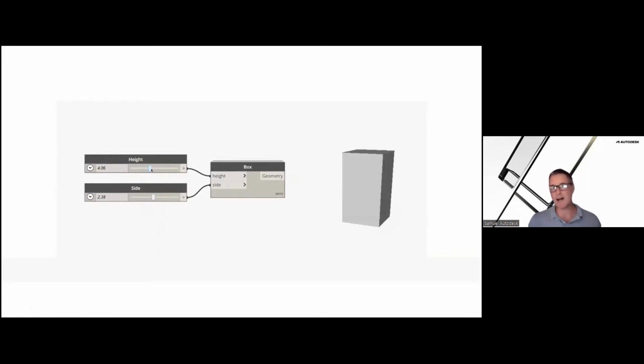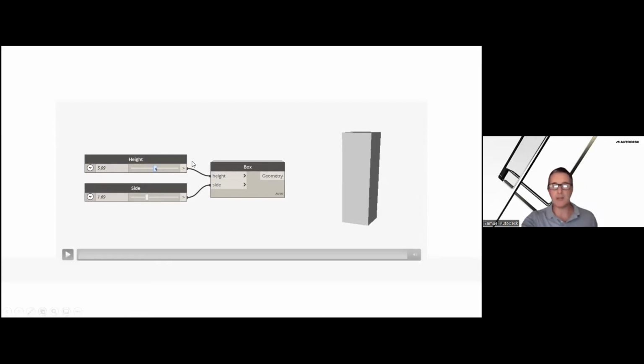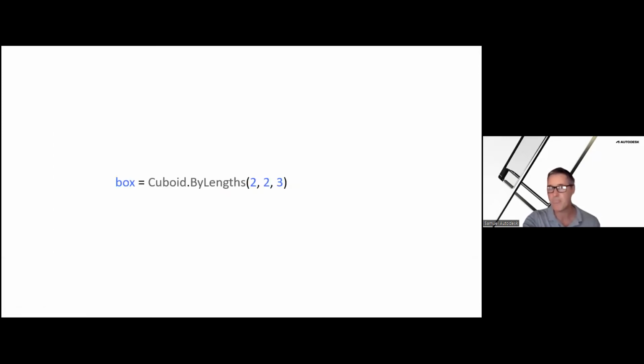So this simple example on the screen is just a visual interface script that drives the height and the side of this box. This is as simple as it gets. It doesn't have to be overwhelming or daunting. Simply, you can grab these sliders and drive the geometry without having to model it or remodel it or make adjustments to the actual geometry like you would in a 3D platform.